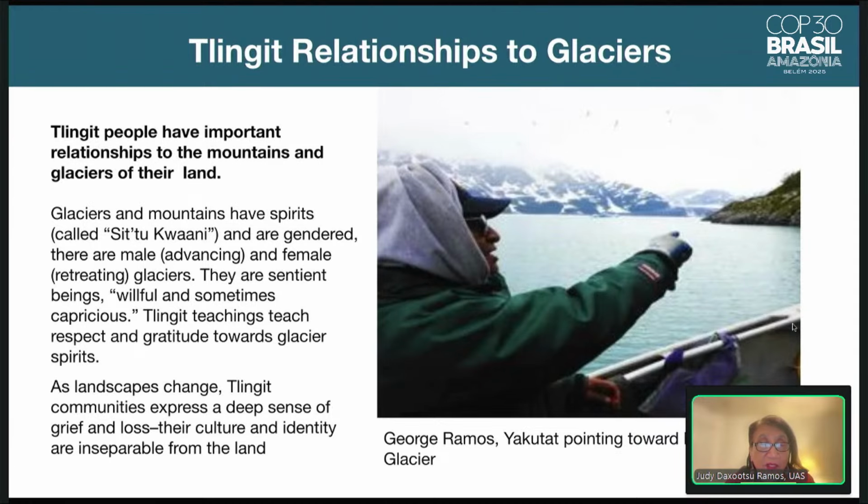We felt they were sentient beings, willful and sometimes capricious, so we had to be very careful and quiet as we approached glaciers, and we had to give offerings when we approached a glacier. So this shows that we believed glaciers had their own spirit.